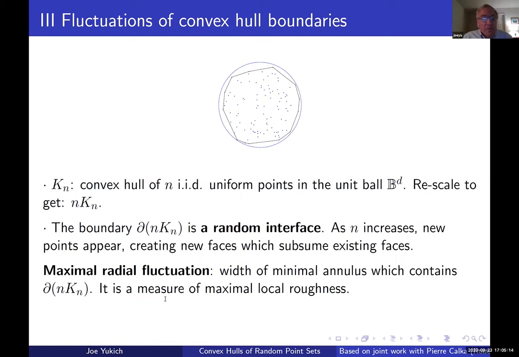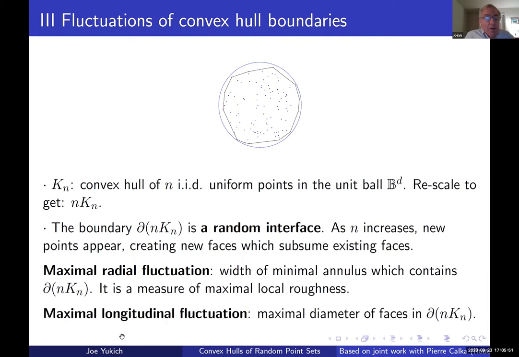So these new points create new faces, and the new faces presumably will subsume existing faces. The fluctuations of these interfaces are of interest. By the maximal radial fluctuation, we mean the width of the minimal annulus, which contains the boundary of the convex hull. We mean the width of the minimal annulus, which contains the random interface. It's a measure of maximal local roughness.